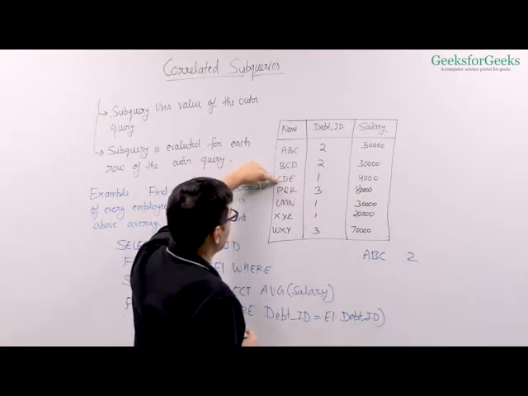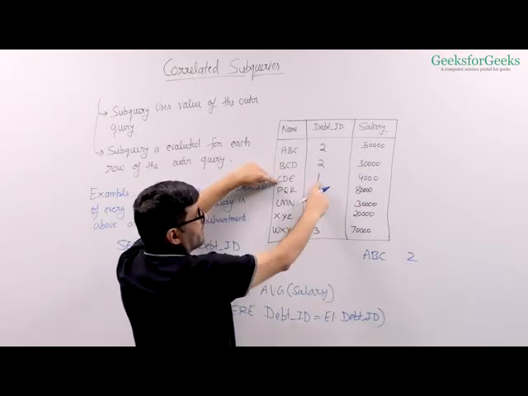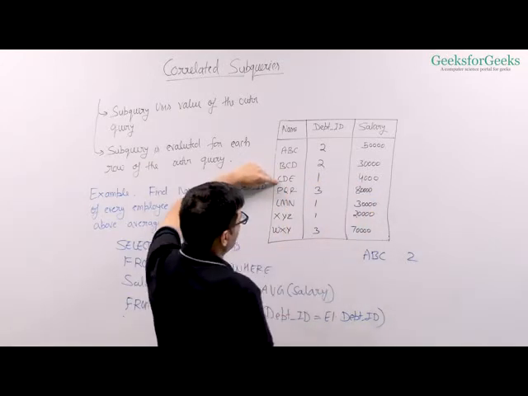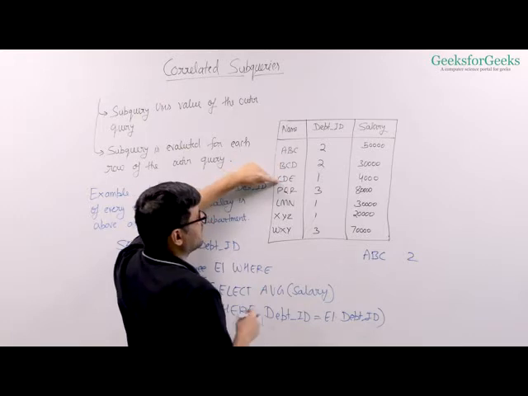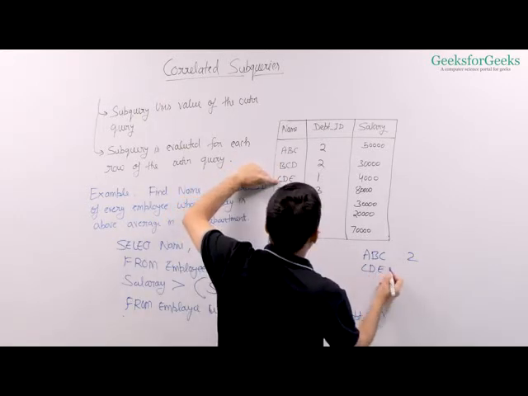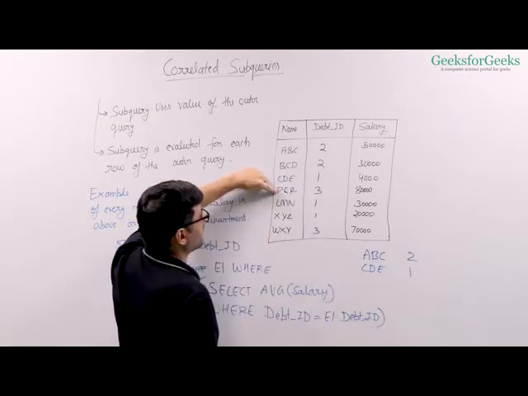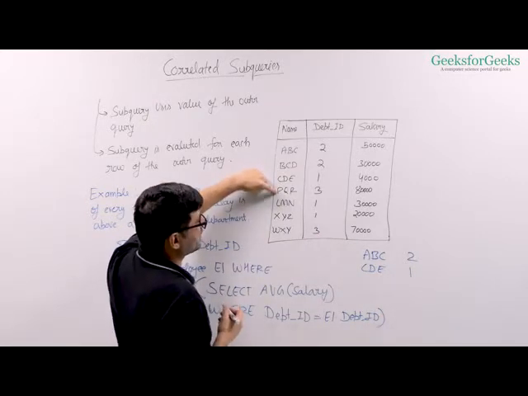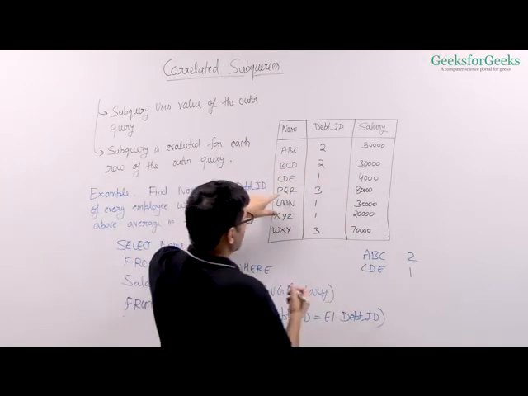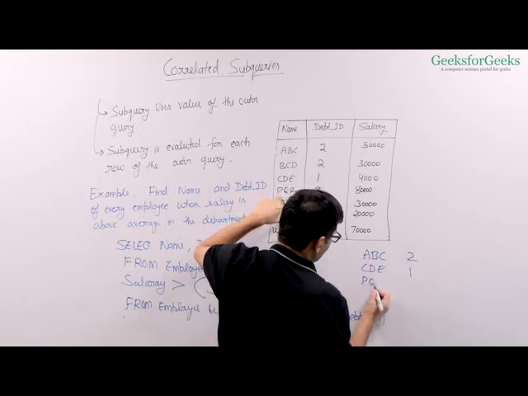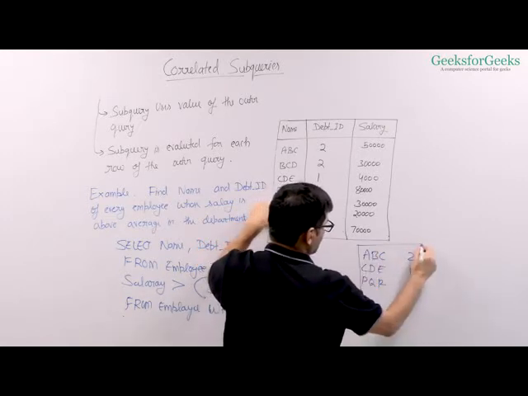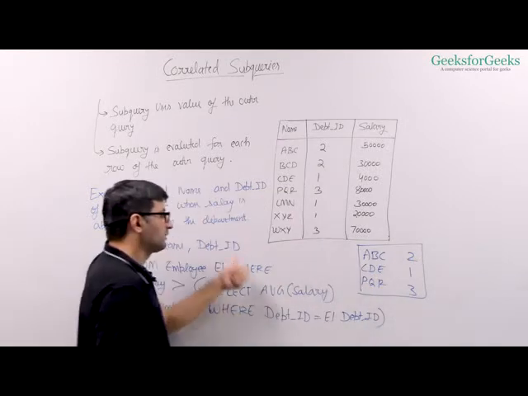Let's say next department ID 1, what is the average? 20,000, 30,000, 40,000. So the average is 30,000, and this particular employee has more than average, so CDE 1. Now department ID 3, what is the average salary? 70,000 plus 80,000 divided by 2, which is 75,000, and this particular employee PQR has salary 80,000, which is more than average. So this will be your output of this query.